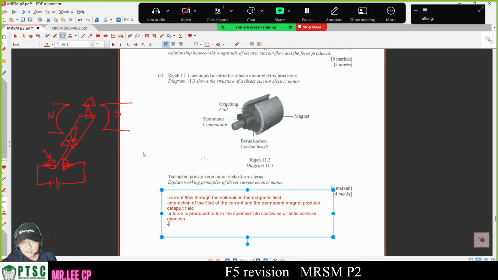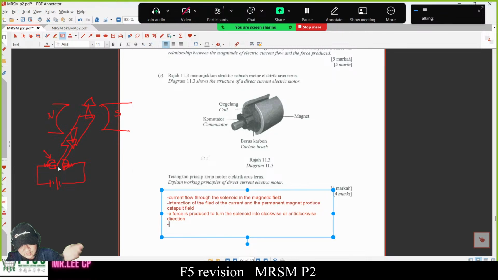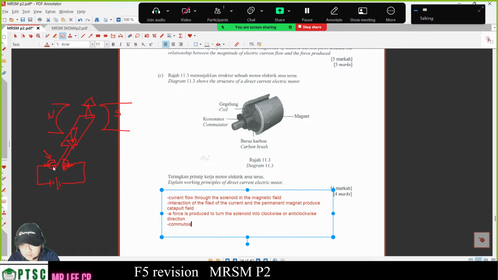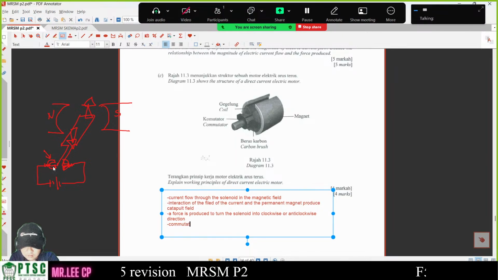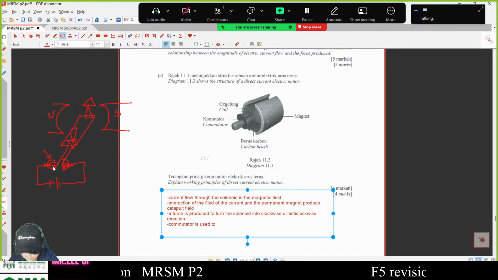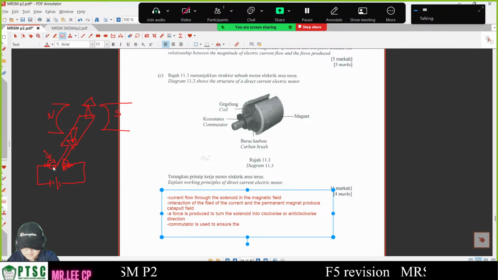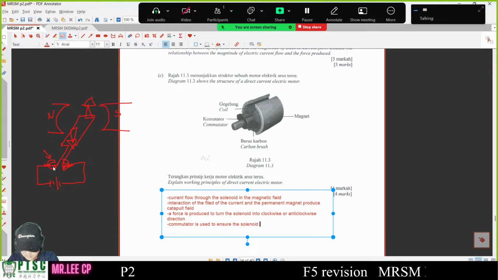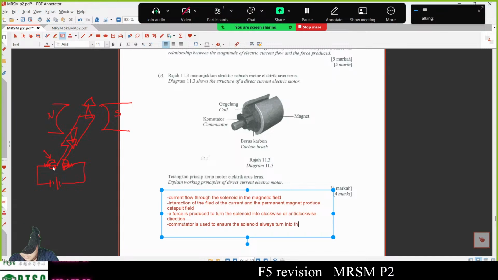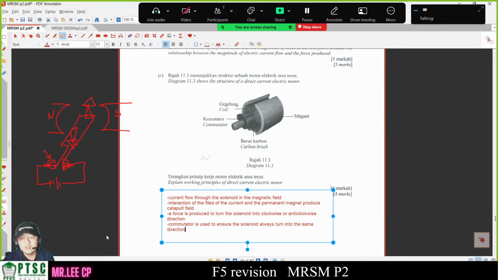Next one. So now to ensure it always turns in the same direction, the commutator is used. Turn into the same direction.